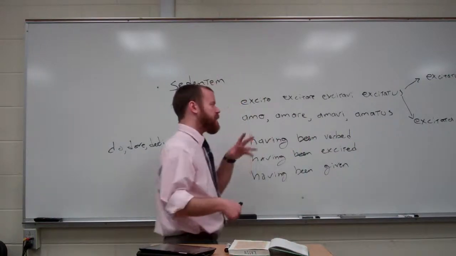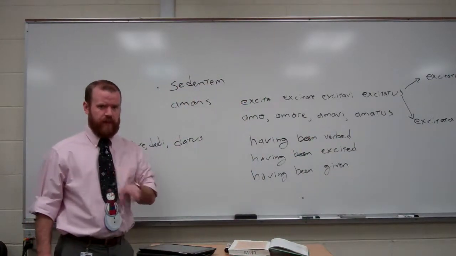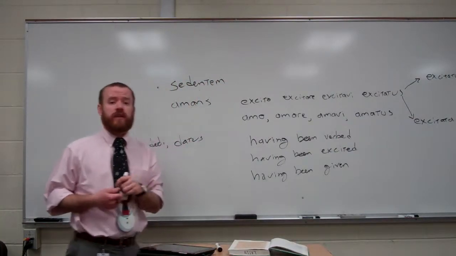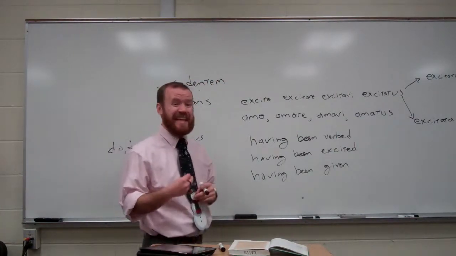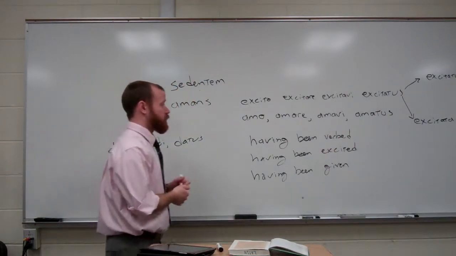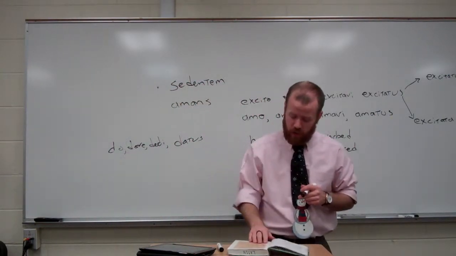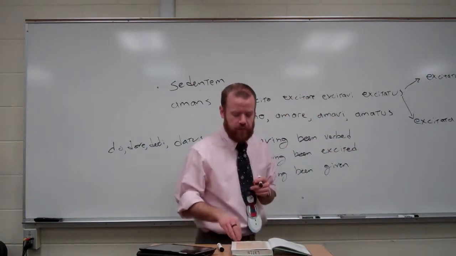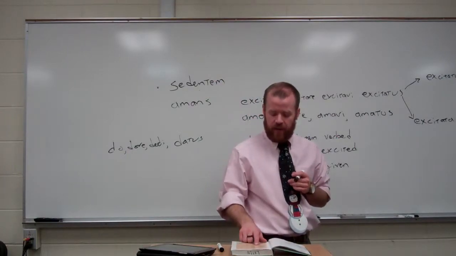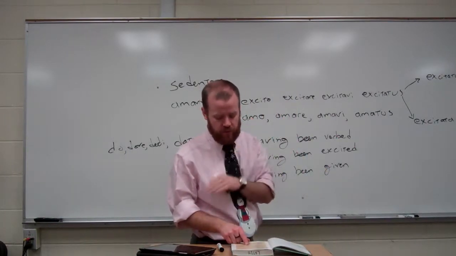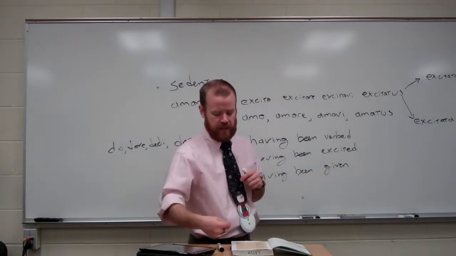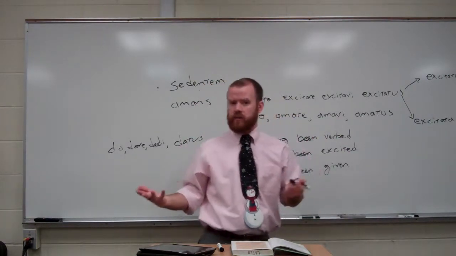One thing that kind of gives us a clue if there's a perfect passive participle in the sentence is a prepositional phrase. So perfect passive participles can sometimes work with a prepositional phrase. So in the book, you look on page 11, in part C, we have a couple of sentences. Faber ab architecto laudatus risit. The craftsman, having been praised by the architect, smiled, laughed.